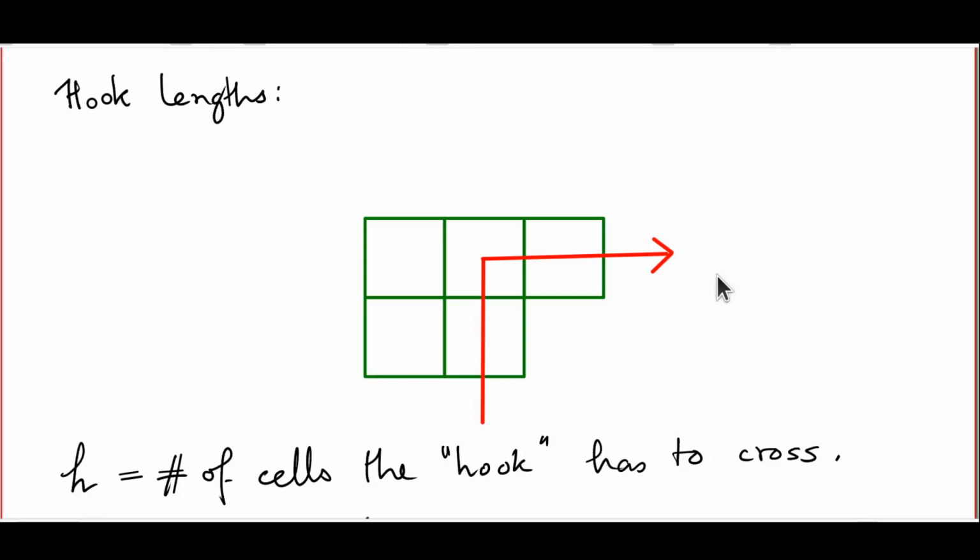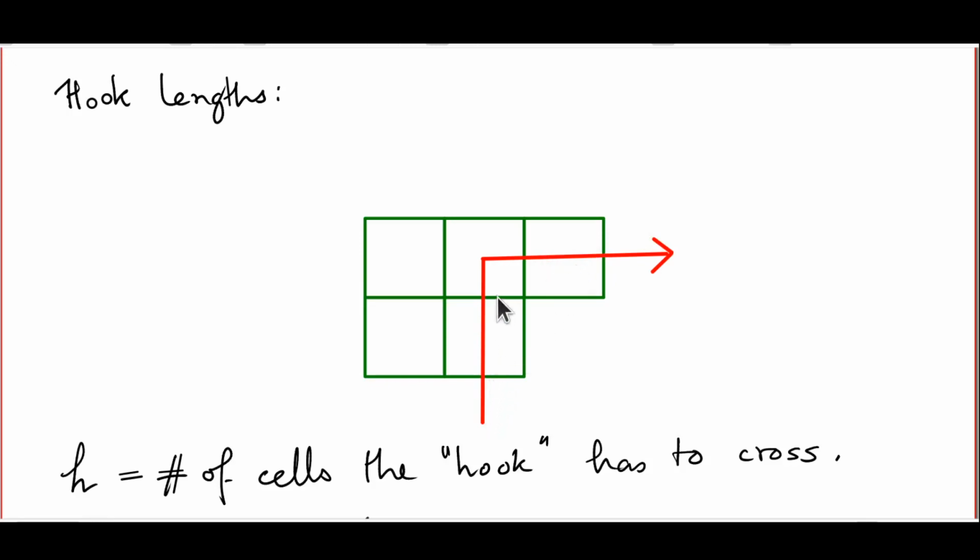The hook length for this particular cell is nothing but the number of cells that are being crossed when you go along this hook. In this case, 1, 2, 3. So this particular cell has a hook length of 3. This one, on the other hand, will have a hook which goes straight up and right, crossing only one cell. So this will be a cell with a hook length of 1.